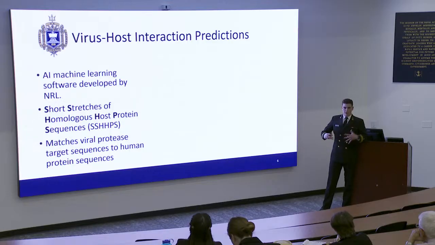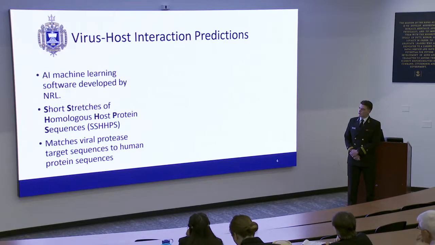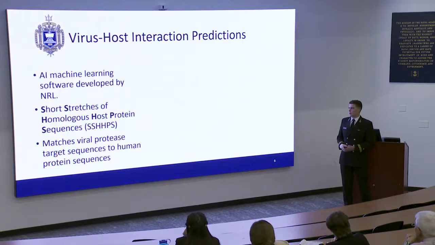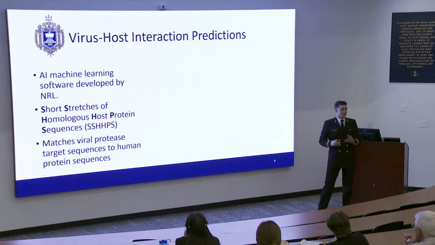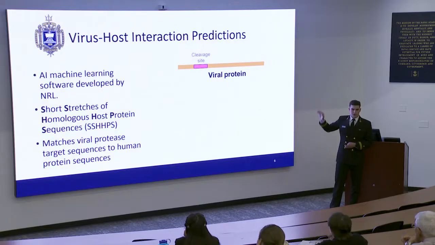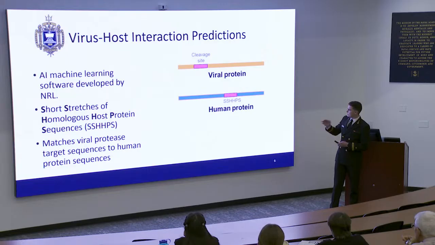So the way we can predict these interactions between viruses and the proteins of the human body is through software. And specifically, Naval Research Laboratory has developed a machine learning software that looks at the cleavage site that viral proteases target in the viral polyproteins, and then it compares that to the human proteome.